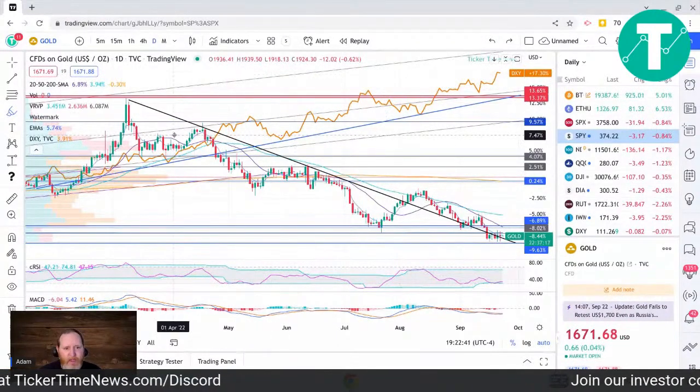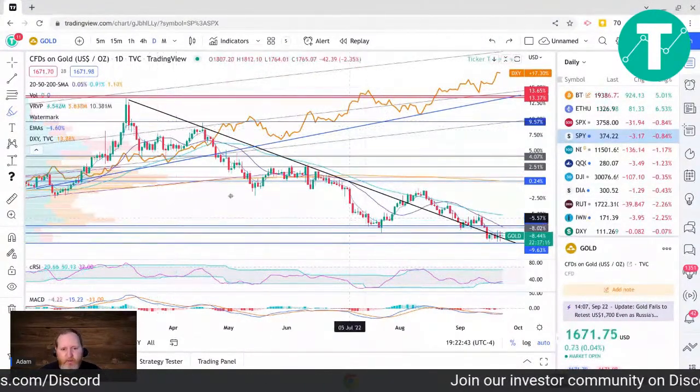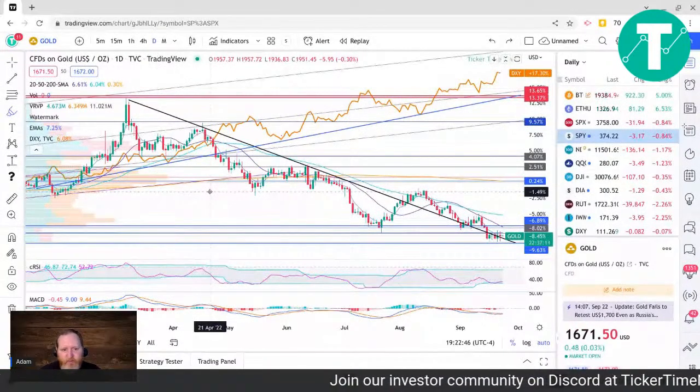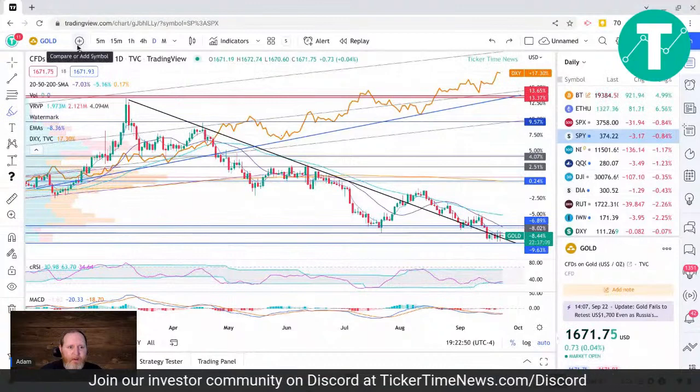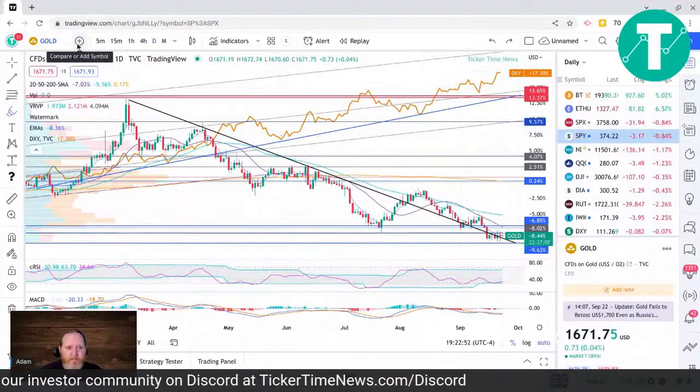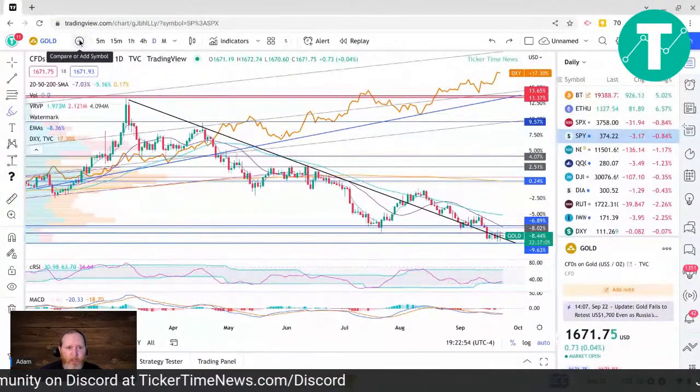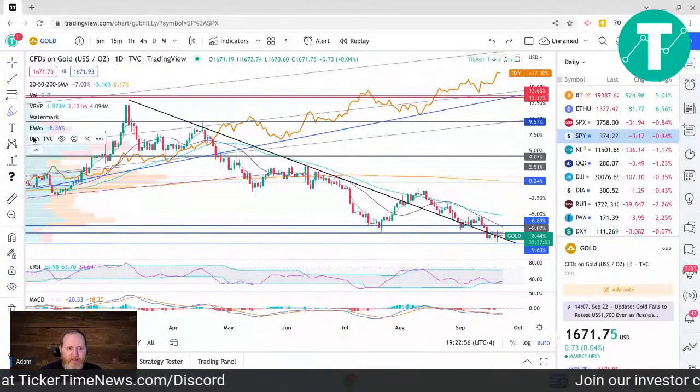And you can do that if you have your gold chart here, GOLD, just as the ticker symbol on TradingView. Click this plus button up here on the top, the circle with a plus inside of it. When you do, type in DXY.